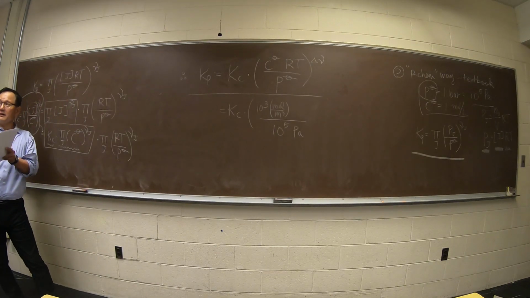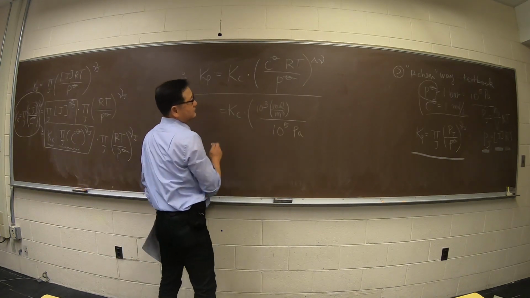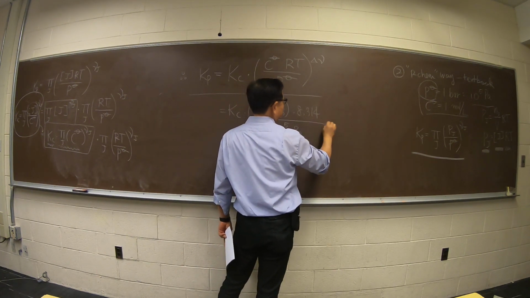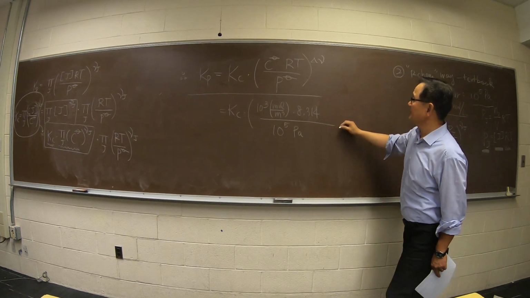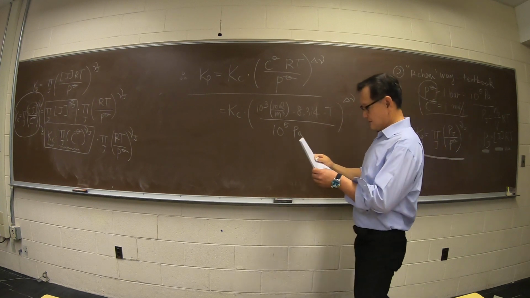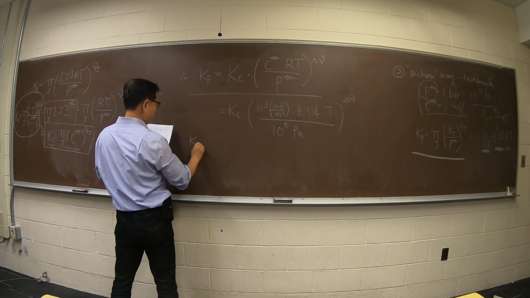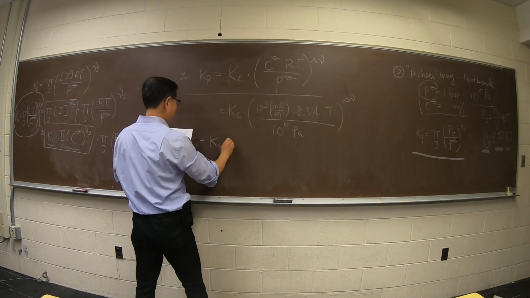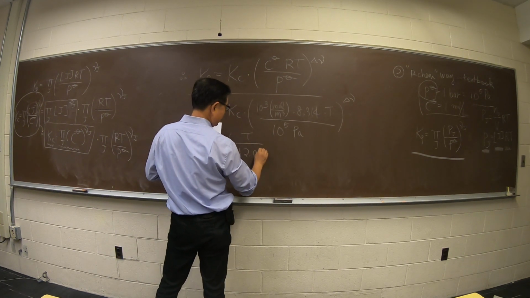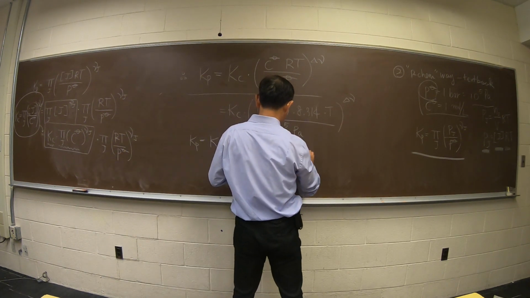So 1 liter you have 1 mole, a thousand of them make a volume of 1 cubic meter. So that's times 8.314, so now I can use joule per mole Kelvin, and the temperature is there. So therefore you got this equation. It looks like Kp is Kc times T over 12. This is equation 6A.